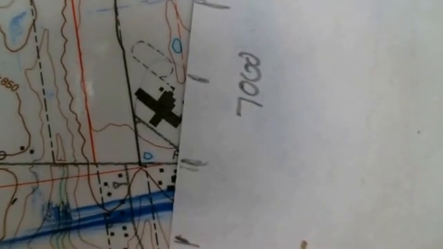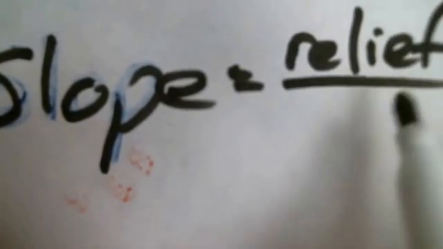Number 18, what is the slope between Johnsburg High School and the middle school? To find the slope, I need a better marker. Okay, slope is going to equal the relief divided by the distance.